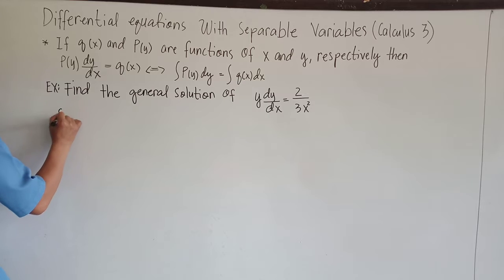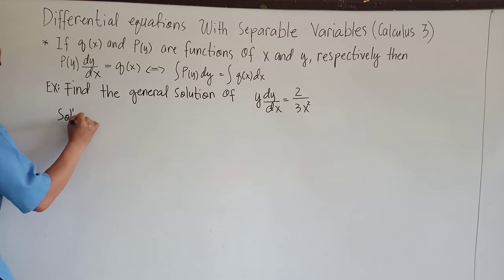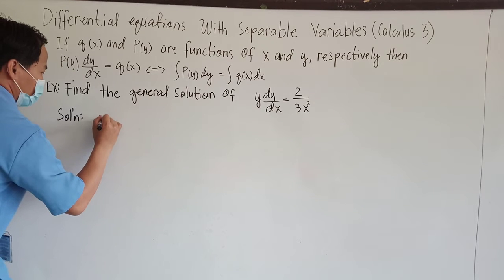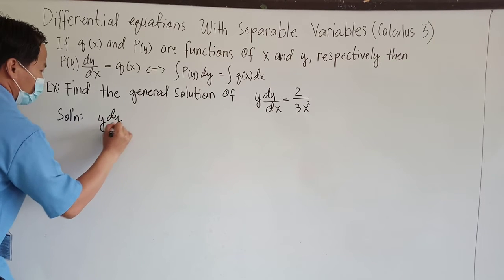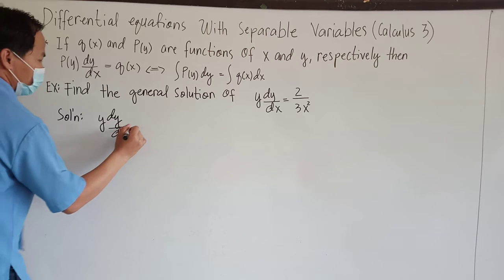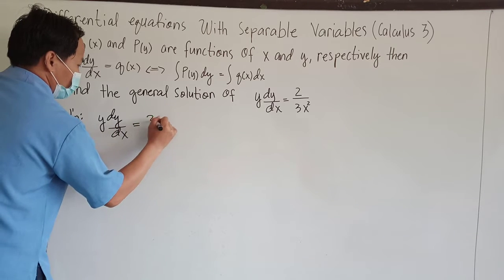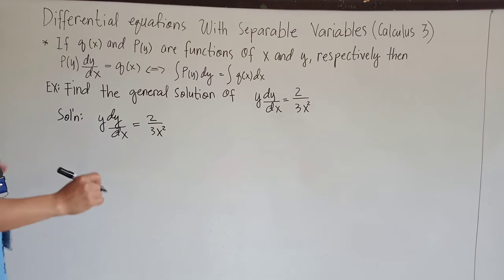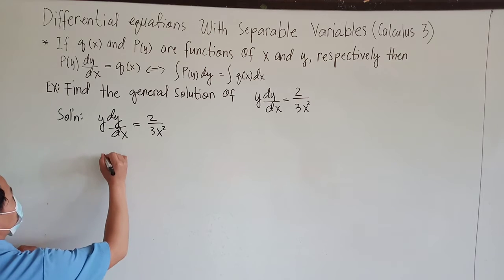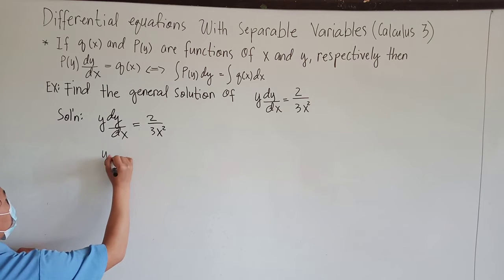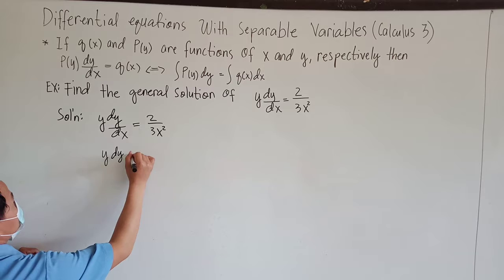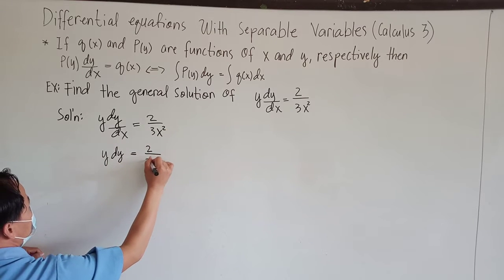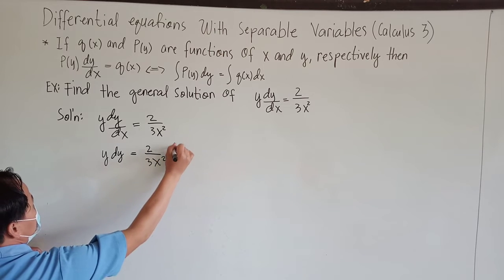Okay, so we have here the solution. From that we have dy over dx is equal to 2 over 3x squared. After that we can simplify that as y dy is equal to, let's multiply this dx to the other side, so it will become 2 over 3x squared dx.